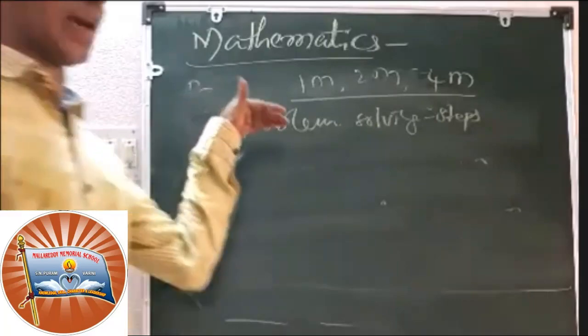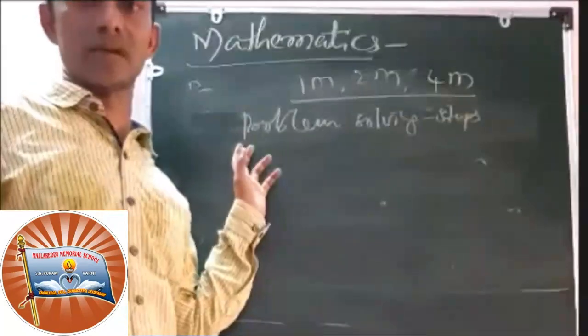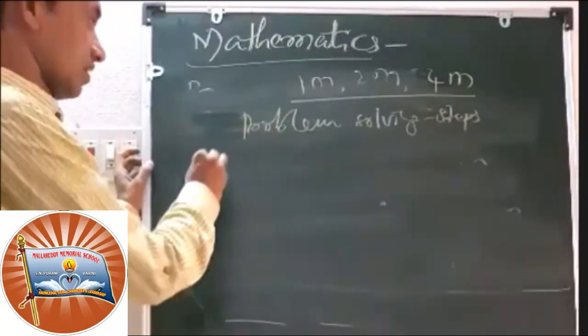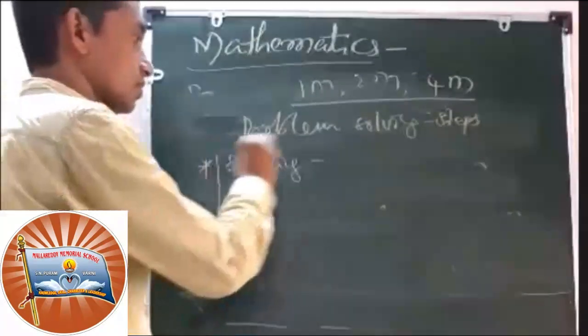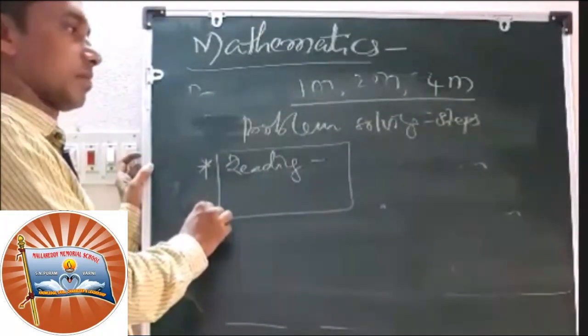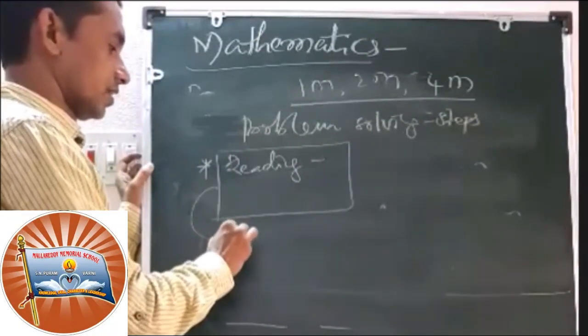In the examination, we have to follow the problem solving steps. This is very, very important. First is reading the problem and understanding the problem. Whenever you read and understand the problem, then you should write the given.